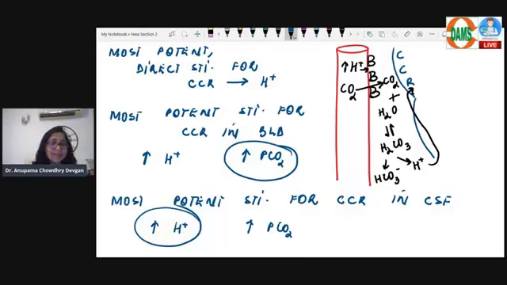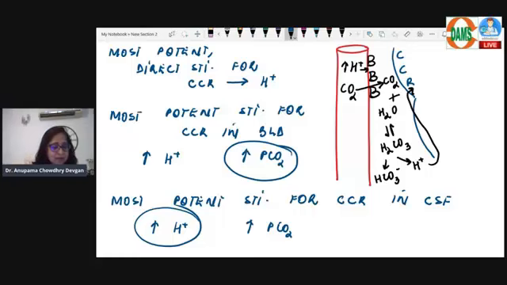Carbon dioxide is also generating H plus, which in turn affects the central chemoreceptors. So, 3 important questions. Most potent direct stimulus for central chemoreceptors is H plus. Most potent stimulus for central chemoreceptors in the blood is increase in CO2. Most potent stimulus for central chemoreceptors in CSF is increase in H plus. Is that clear? So this is as far as your 3 important questions are concerned.